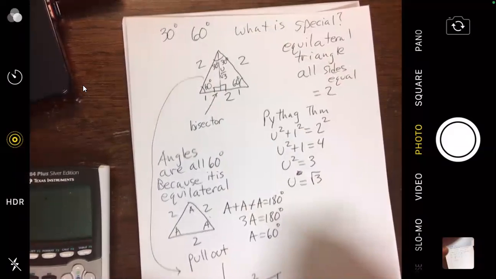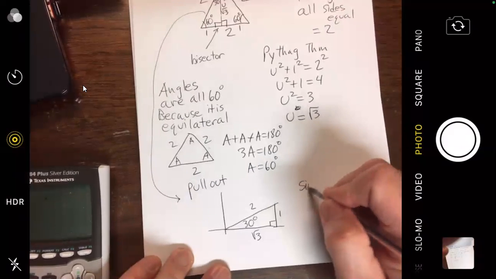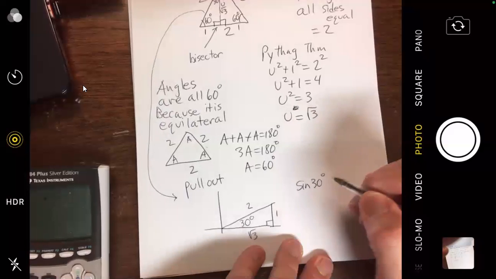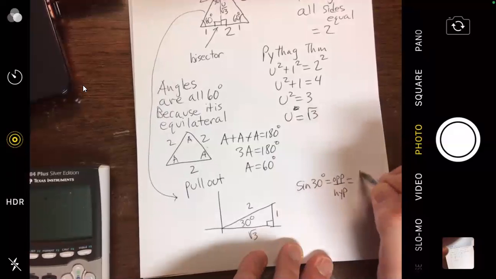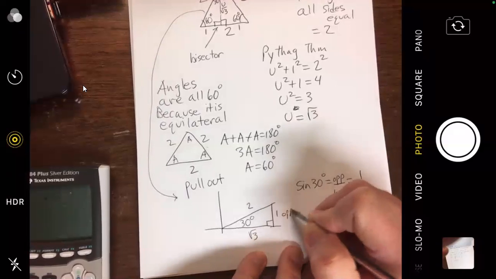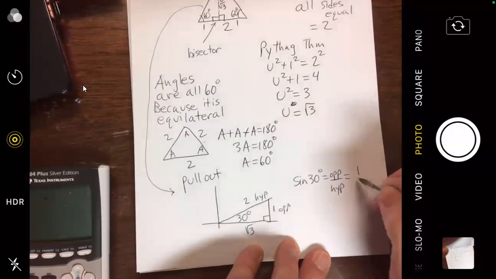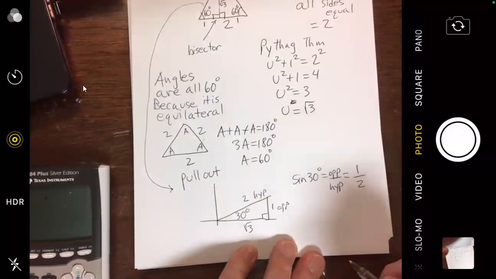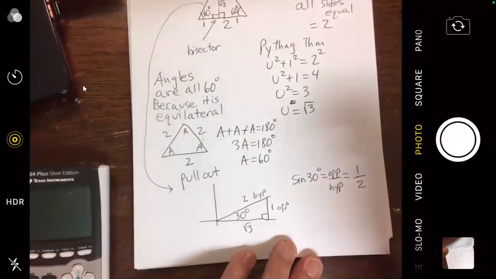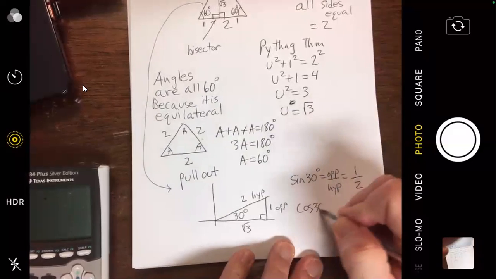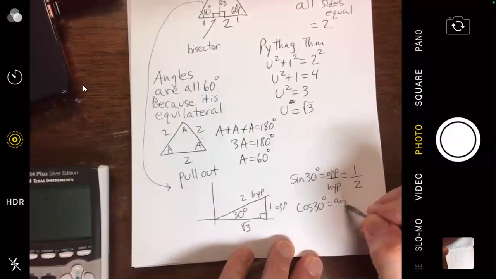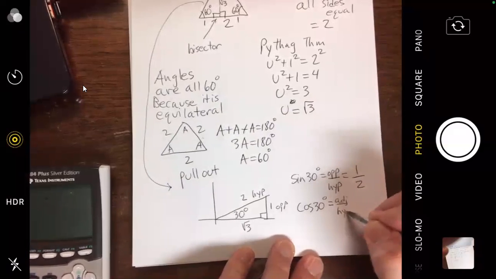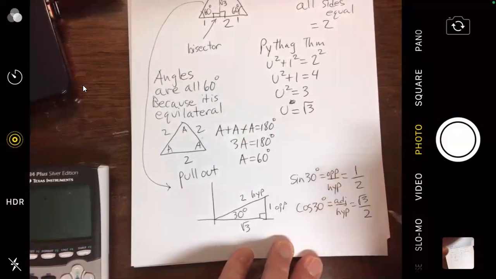If I now use the basic definition, sine of 30 degrees is opposite over hypotenuse. That makes it a half. Cosine of 30 degrees is adjacent over hypotenuse, root 3 over 2.